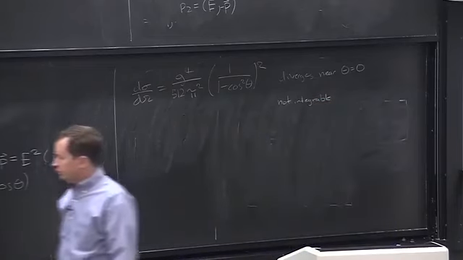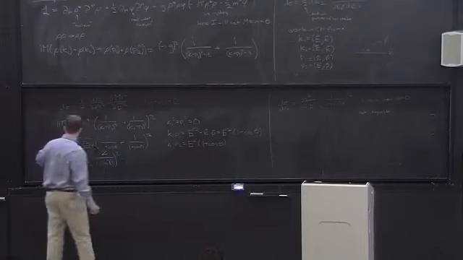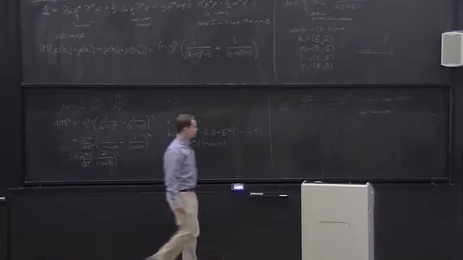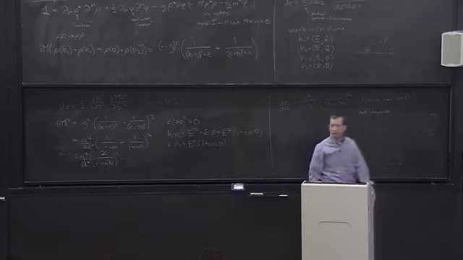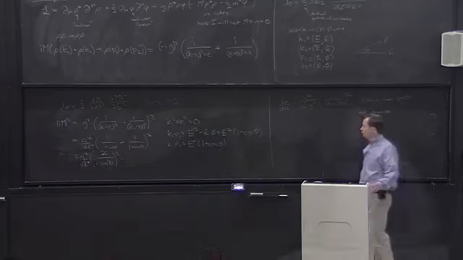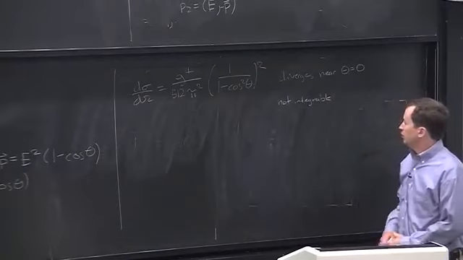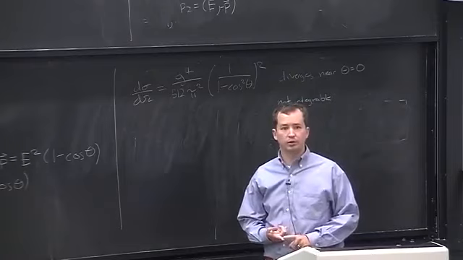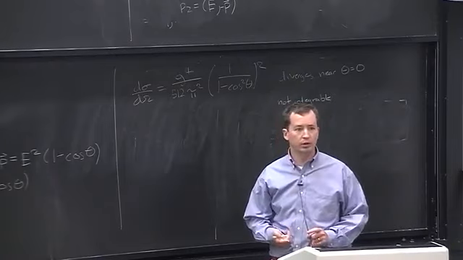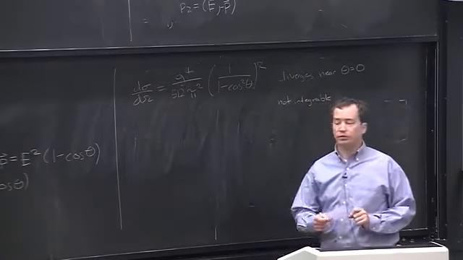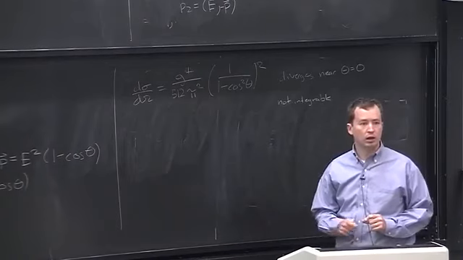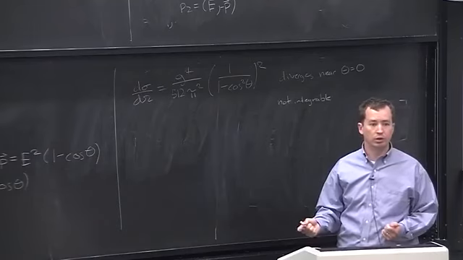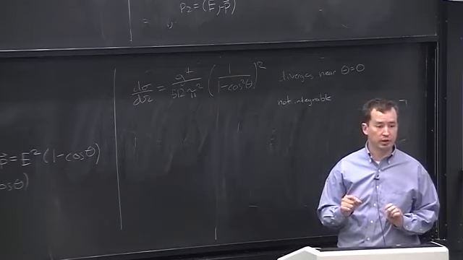There are extra divergences in theories with massless particles that can be understood. It's not something we're going to discuss in this course or 52, possible topic for 53. But basically, massless particles can cause divergences. One way to think about it is that a very low energy massless particle is very difficult to detect.